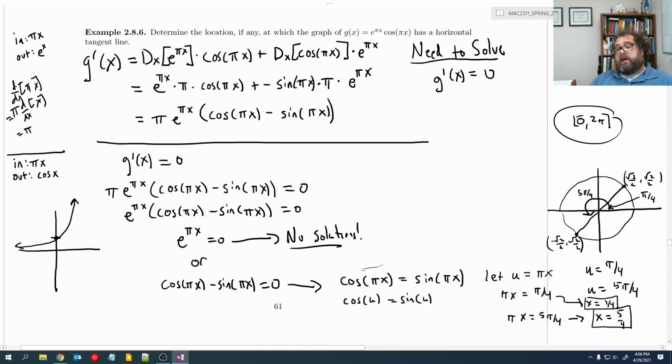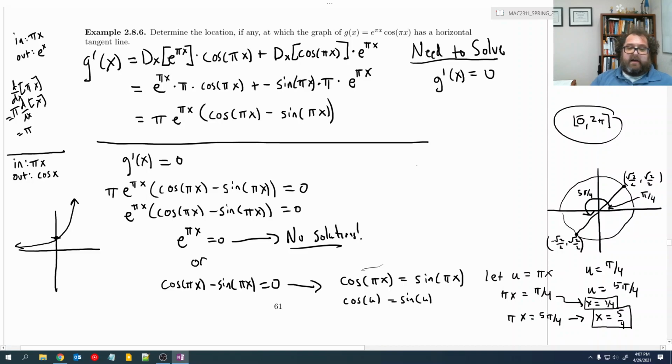Like what do I mean by that? I mean that okay, pi over 4 is an answer, but what about a coterminal angle? For instance, what about 2 pi plus pi over 4? So 2 plus 0.25, that's 9 over 4. 9 pi over 4 is a coterminal angle.